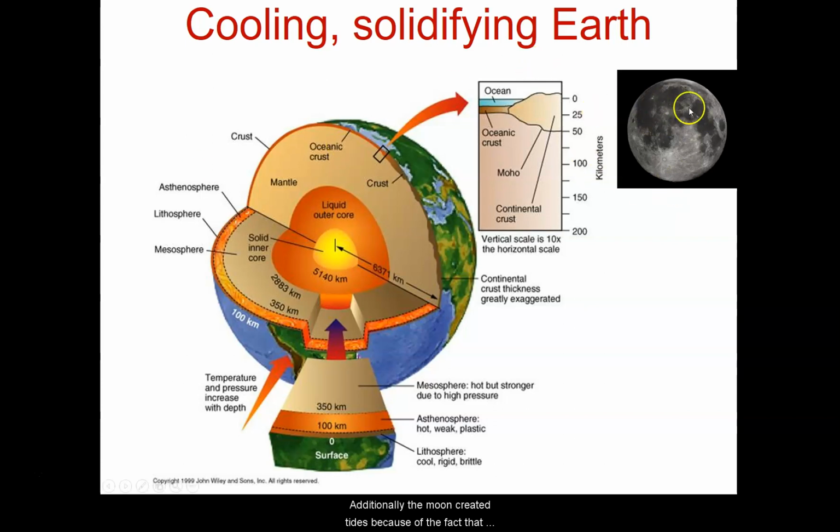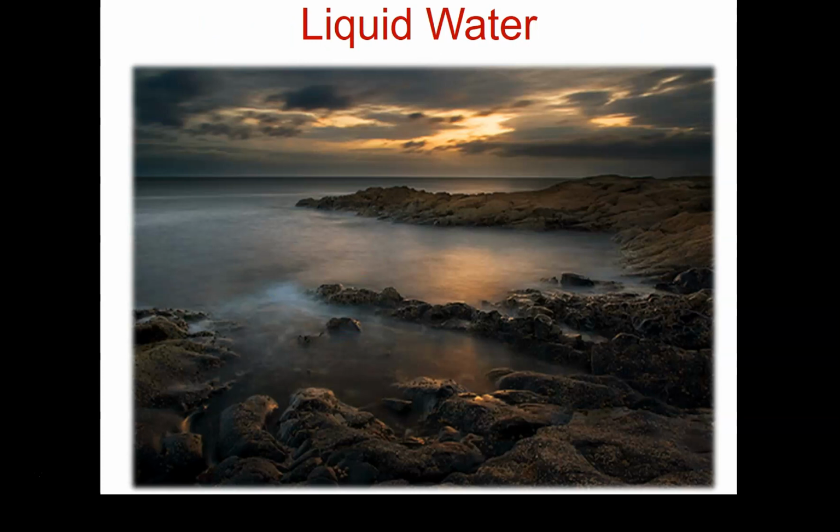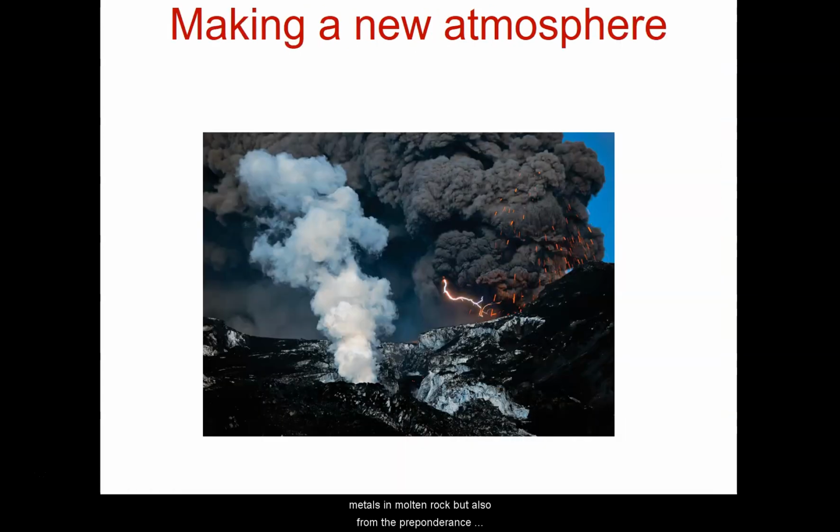Additionally, the moon created tides because of the fact that as the Earth cooled, liquid water could form and condense because the early beginnings of the atmosphere were happening. The atmosphere was generated not only from the cooling of metals and molten rock, but also from the preponderance of volcanoes.